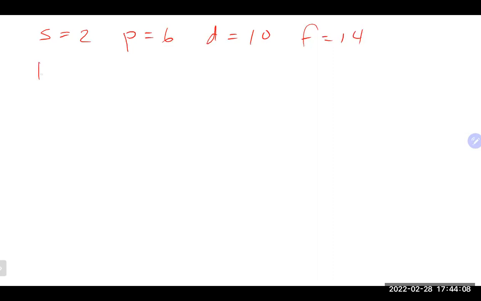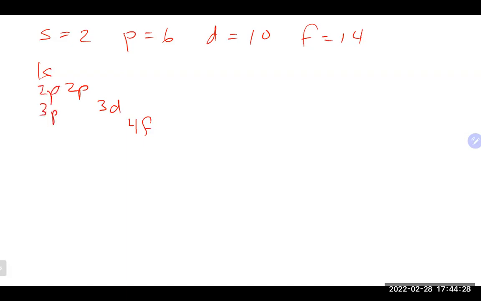S's begin on the first energy level, not until the second energy level do P's start, not until the third energy level do D's start, and not until the fourth energy level do F's start. So if you just remember that order, all you have to do is fill in the numbers underneath each of these.